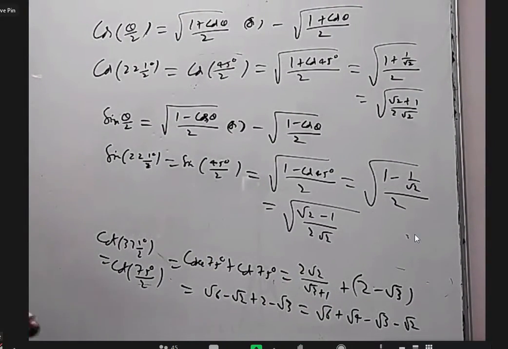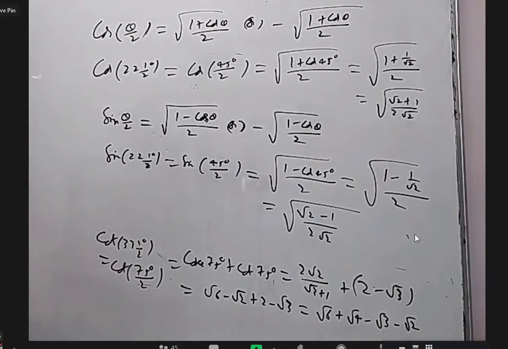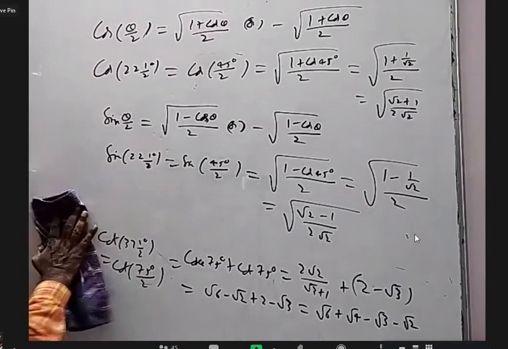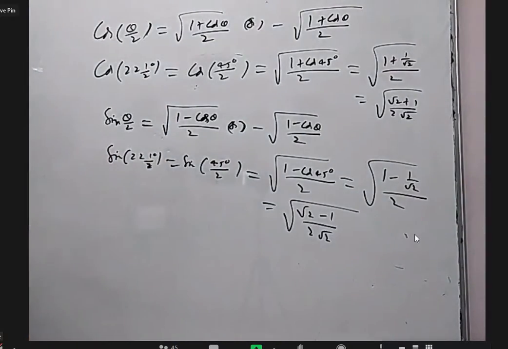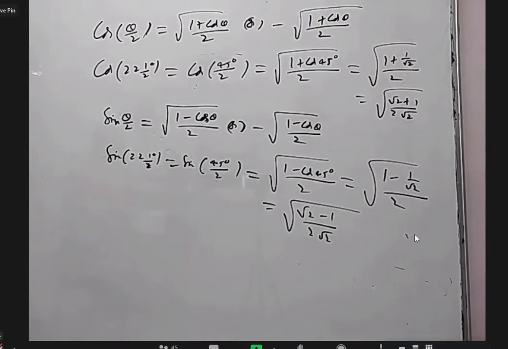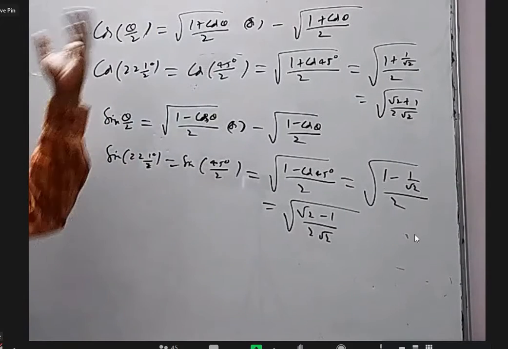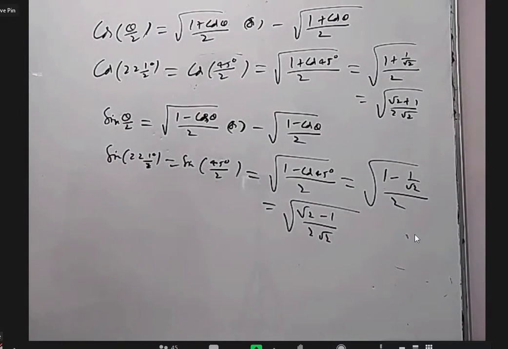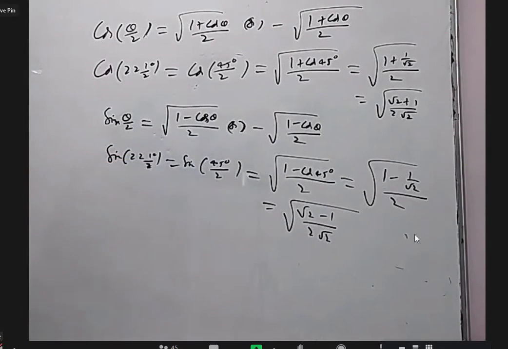Some of these values may be difficult to remember; at least have an idea how they are derived, so that whenever you want, you can derive them in two steps. Only remember the general formula. Cos theta by 2 is root of (1 plus cos theta) by 2. If you remember this, any half-angle values we can derive, like cos 7.5, 37.5 or 22.5. Similarly, sin theta by 2 is root of (1 minus cos theta) by 2.